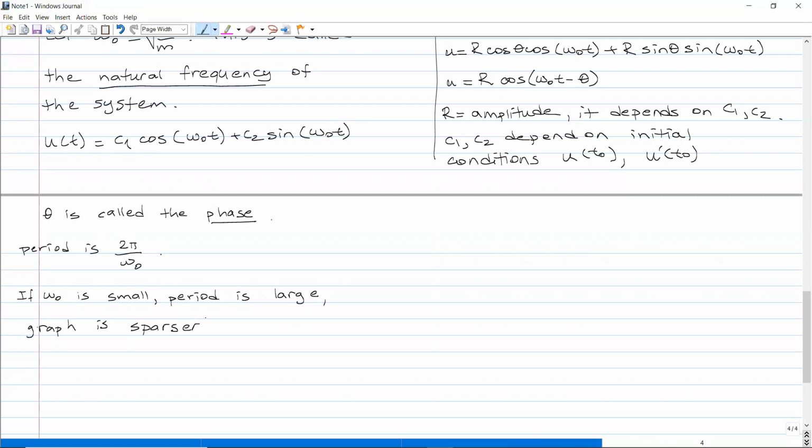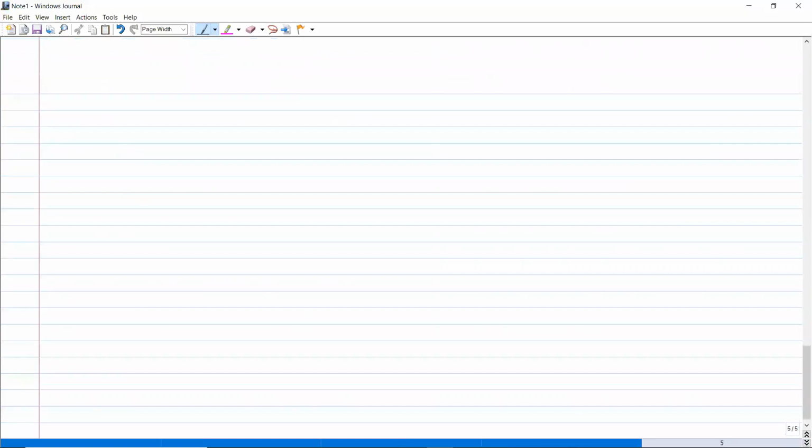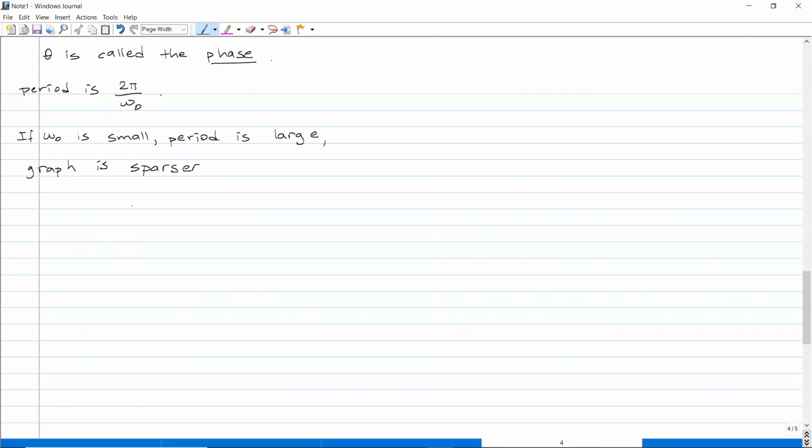So we have a graph like this, t and u. At the initial time, at t equals 0, let's say we have a certain position and certain velocity, and then we have a cosine wave.